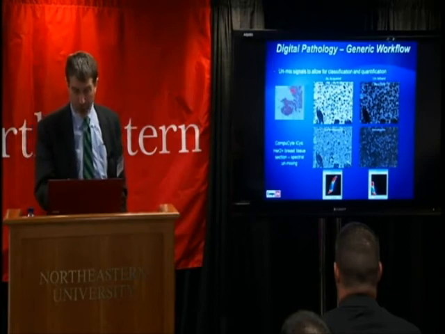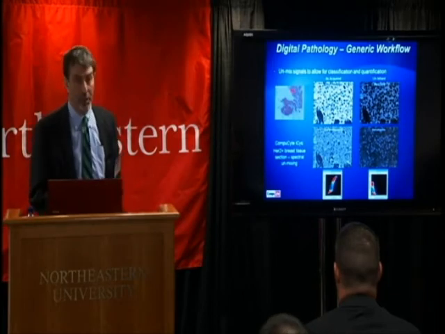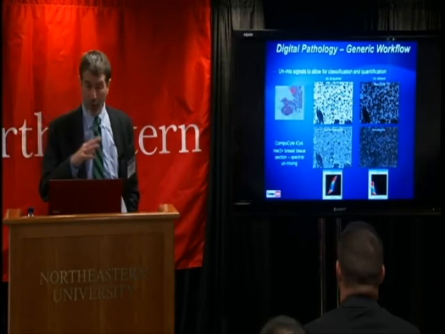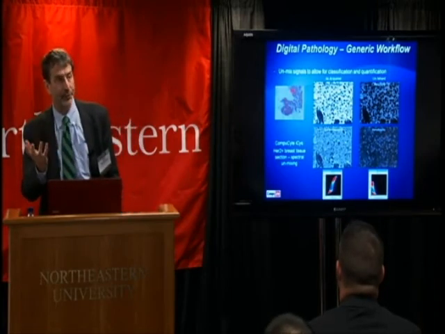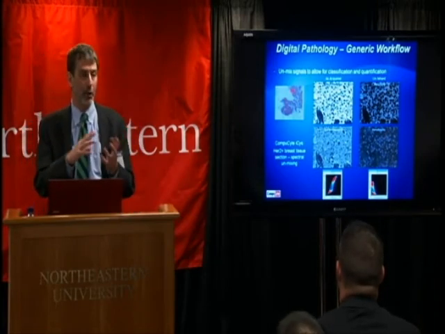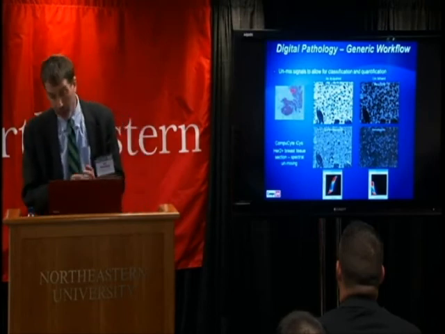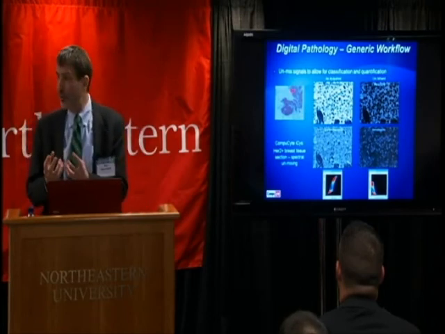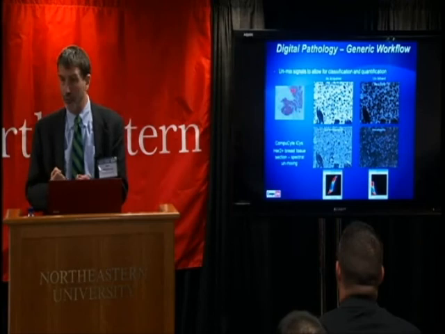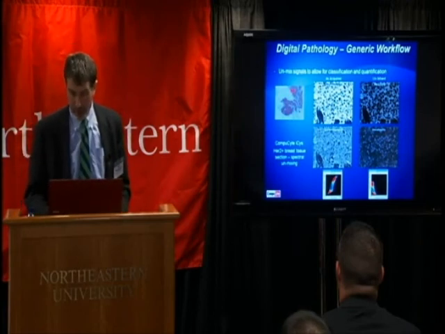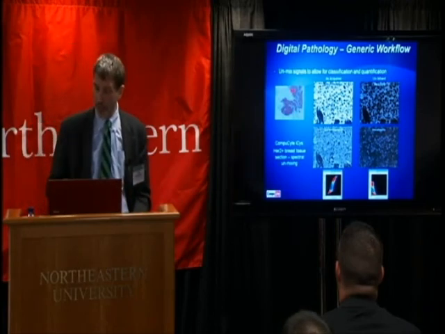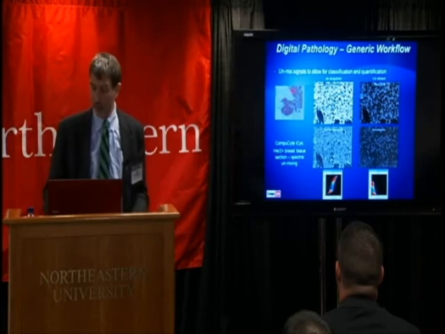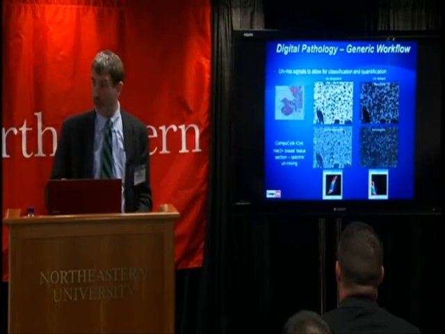You can see from the as-acquired images in the center, there's quite a bit of bleed over, if you will, from the opposing dye. And systems need to be able to separate those dyes out in order to get a true measure of the presence and the amount of the particular protein in question.